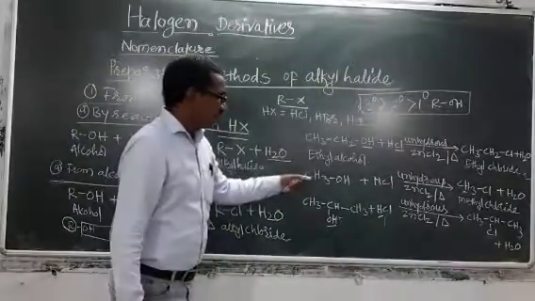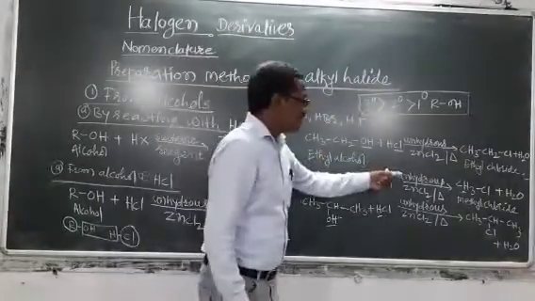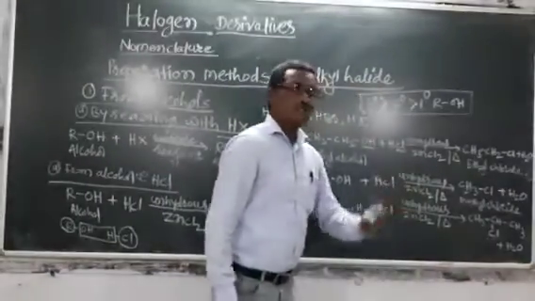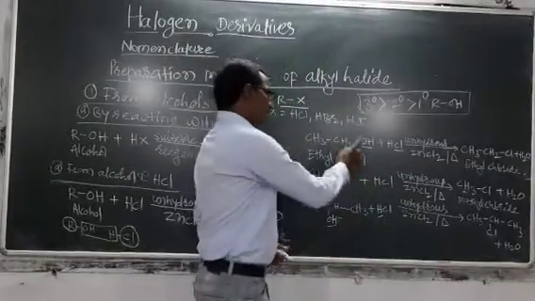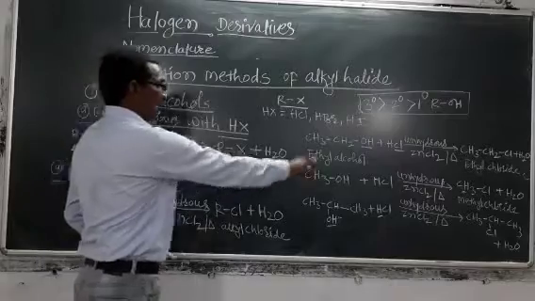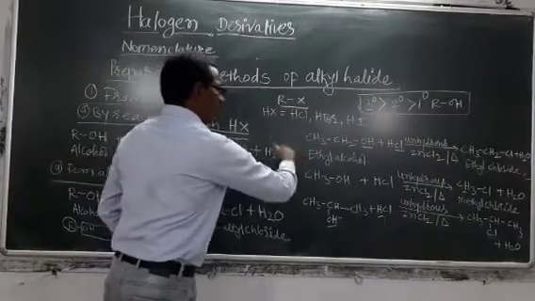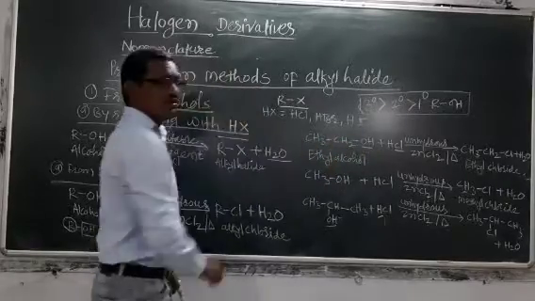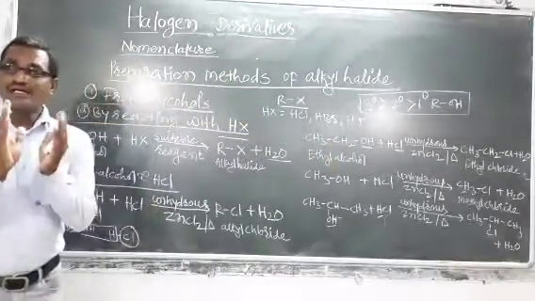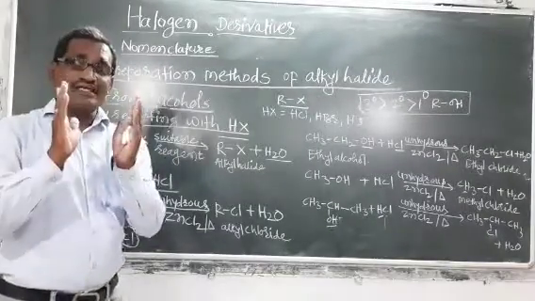Now, look at all these three examples. Here, we must have anhydrous ZnCl2 while preparing alkyl chloride from alcohol by reacting with HCl.